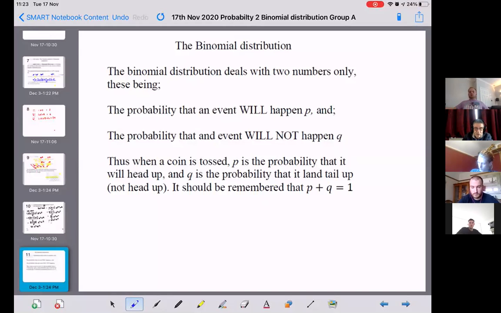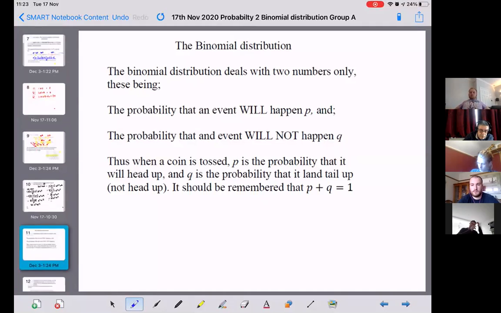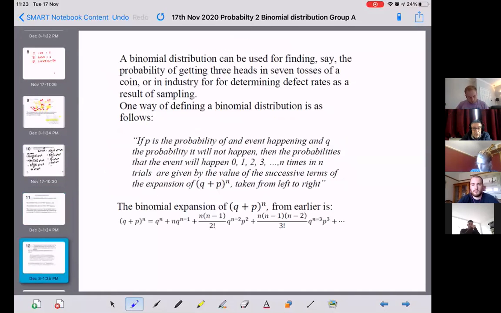Having said that, we can then say that binomial distribution can be used for finding, say, the probability of getting 3 heads in 7 tosses of a coin, or in industry for determining the defect rates as a result of sampling. One way of defining a binomial distribution is as follows.